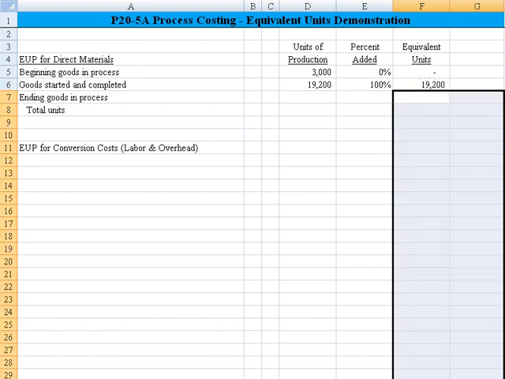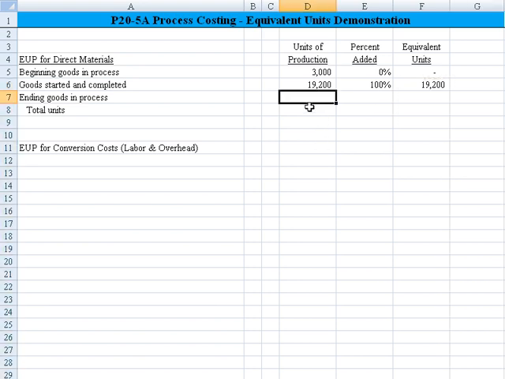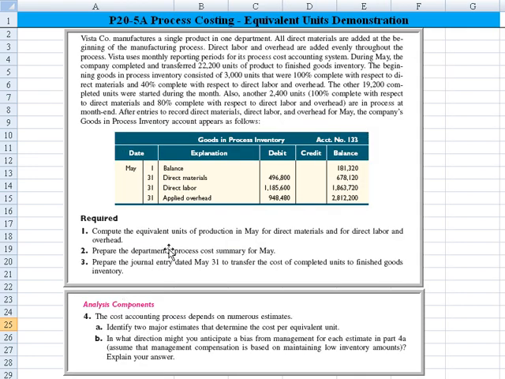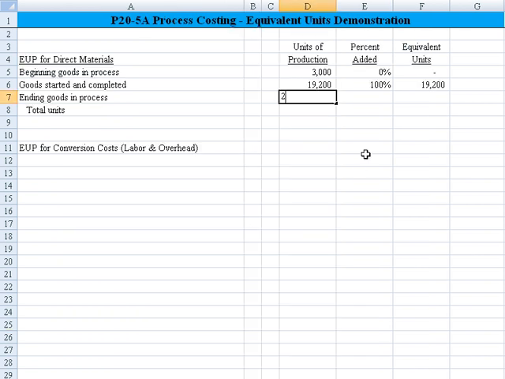And then what did we have in ending? 2,400 units are in process at month end, 100% for direct material and 80% complete. So we have 2,400 units that are 100% complete with respect to material, and we can multiply that across.